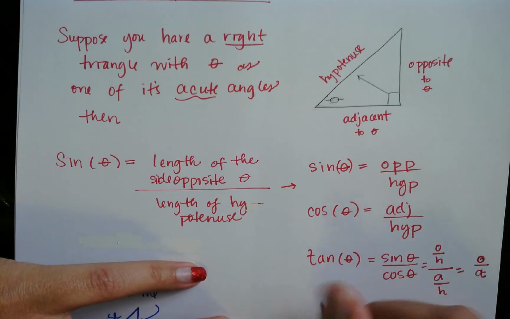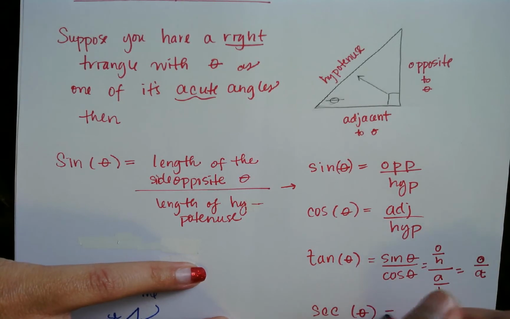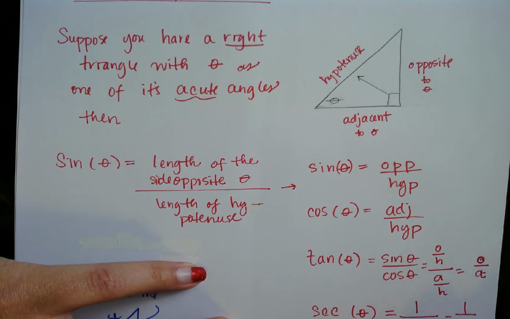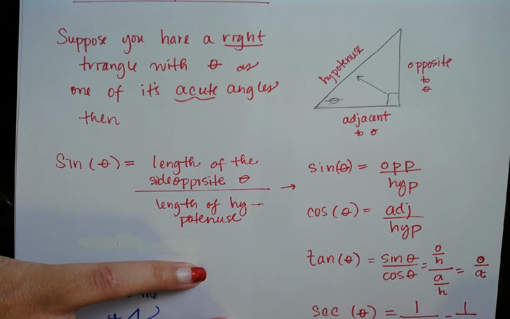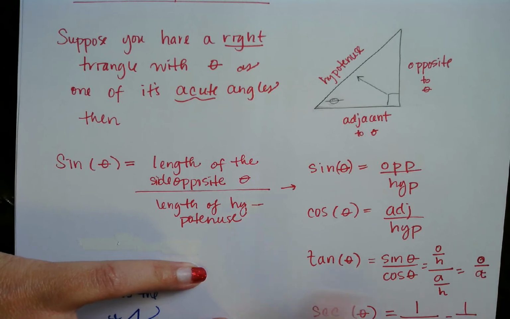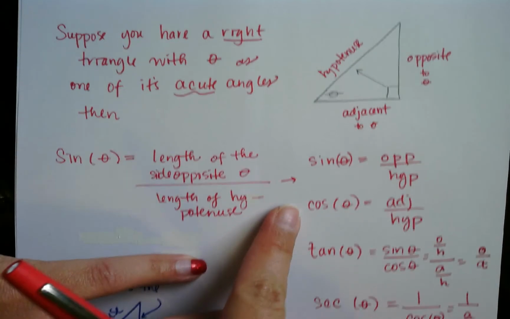And then the rest of them. We have secant of theta, which is 1 over cosine. That's 1 over adjacent over hypotenuse, which is hypotenuse over adjacent. So you just flip your cosine.